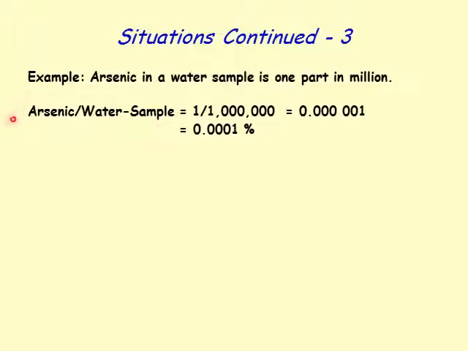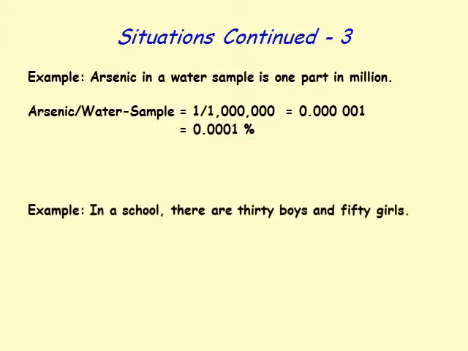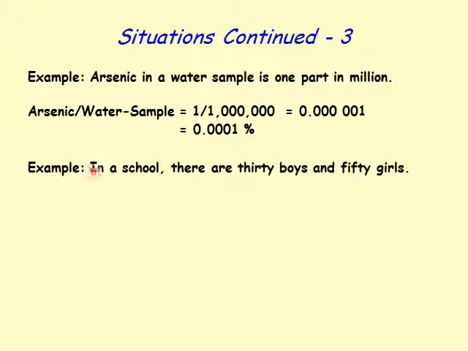So arsenic in a water sample is a concentration of 0.0001%. And this 1 part in a million that is used commonly looks a lot more interesting than 0.0001%.